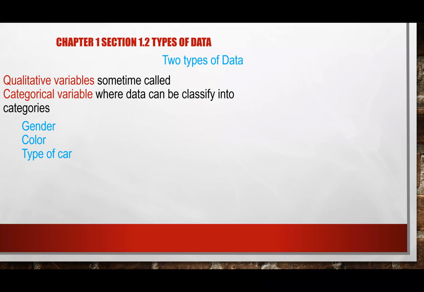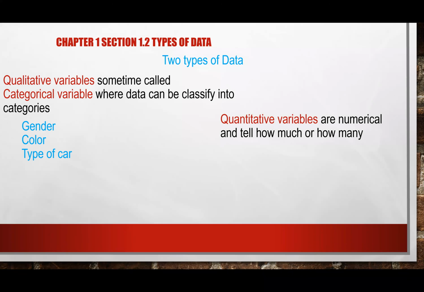Inside the data, there are 2 types of variable that we have: qualitative versus quantitative. I can use data and variable interchangeably because the variable is the item we collect and the data is the actual value that we collect. Qualitative data or qualitative variable is sometimes called categorical, which is category.